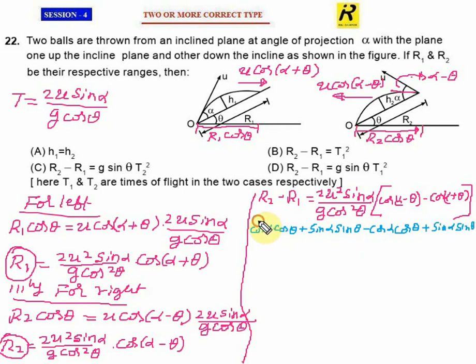That means the first term and the third term get cancelled, and the remaining terms, on making the proper sum, give 2 sine alpha sine theta.